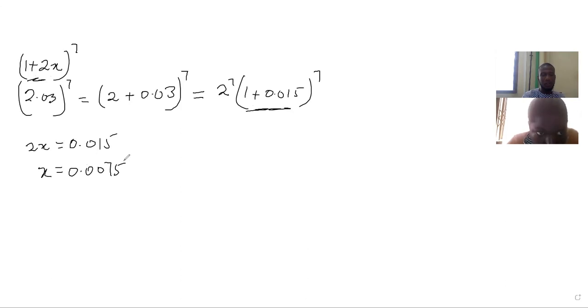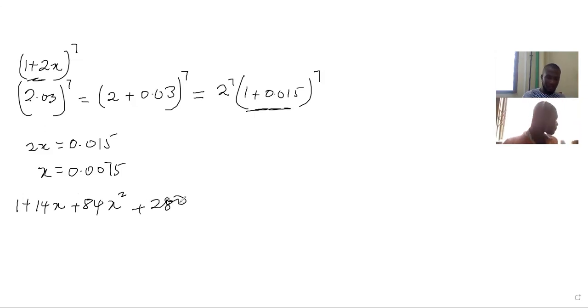So now we are going to fix this into your original expression, which is 1 plus 14x plus 84x squared plus 280x cubed, right?